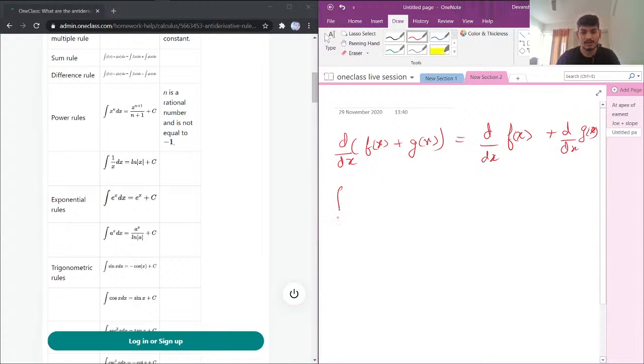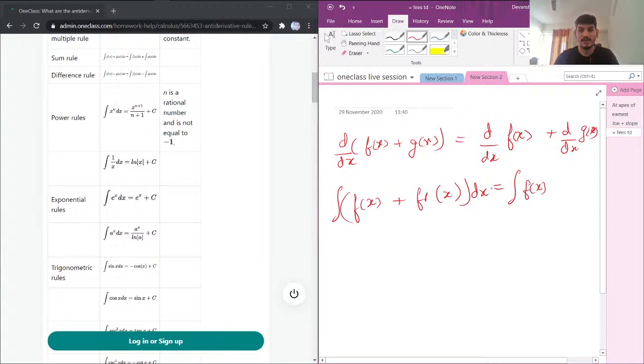In the same way, in integration, if we have a function of x plus another function of x, both integrated with respect to x, I can just separate them. For indefinite I can just separate, but if it is definite, then I will use the limits also. So it is the integral of f of x dx plus the integral of g of x dx.